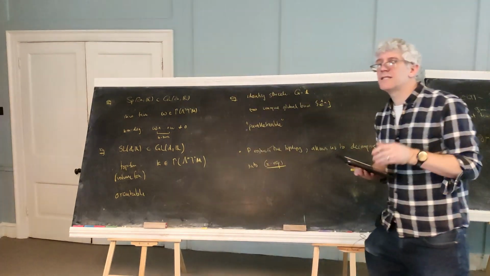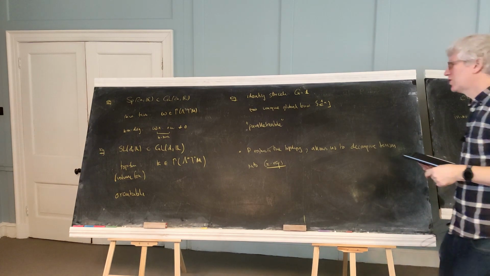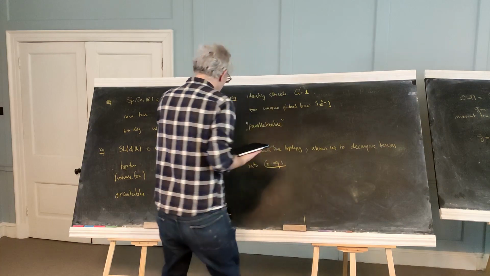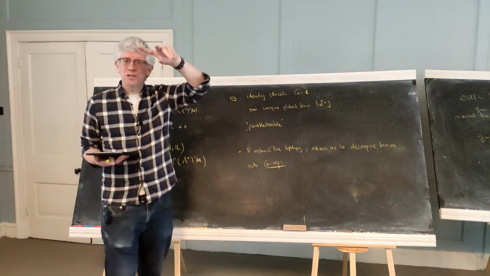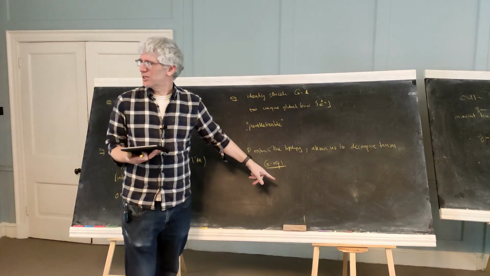You can think of tensors on a manifold: for each GL(d) representation, you have a corresponding tensor. And if I've got a G structure, what that allows me to do is to decompose those GL(d) tensors into G representations.